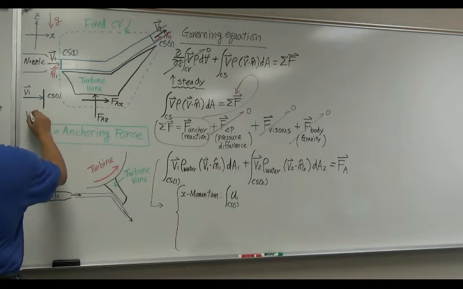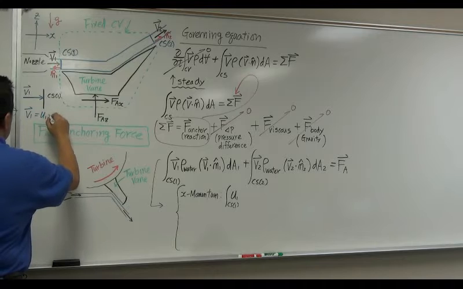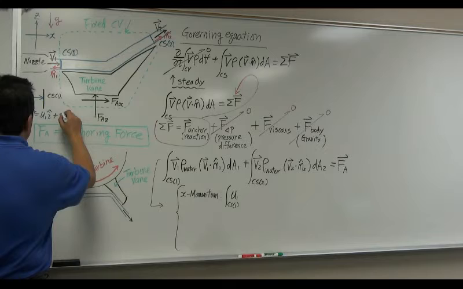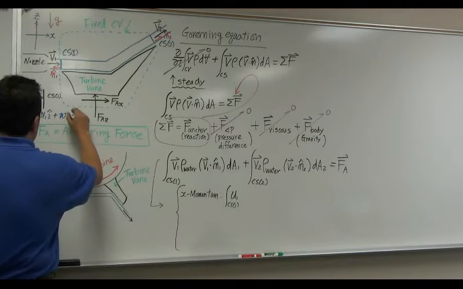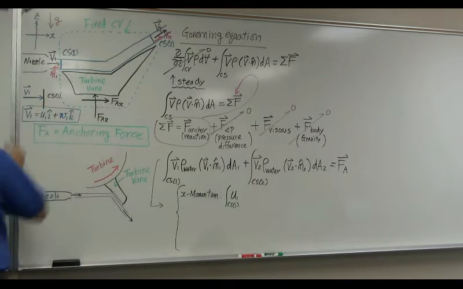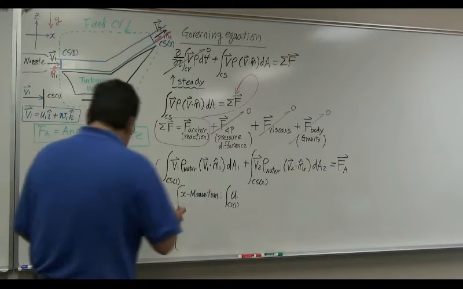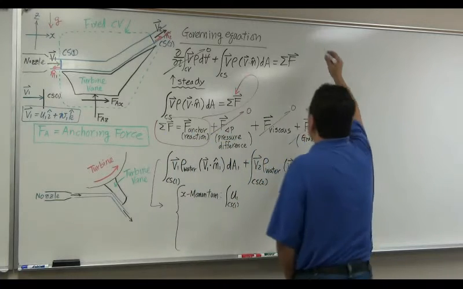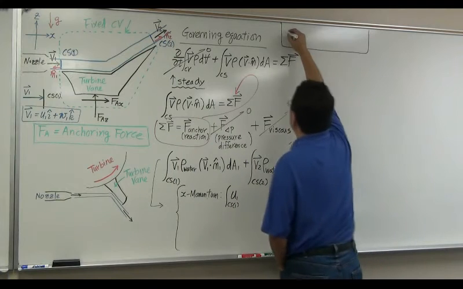So this V1 is of course u1 in the x direction, i, plus w1 in the z direction, k. Velocity is a vector. Keep that in mind. Just a general expression. Note.